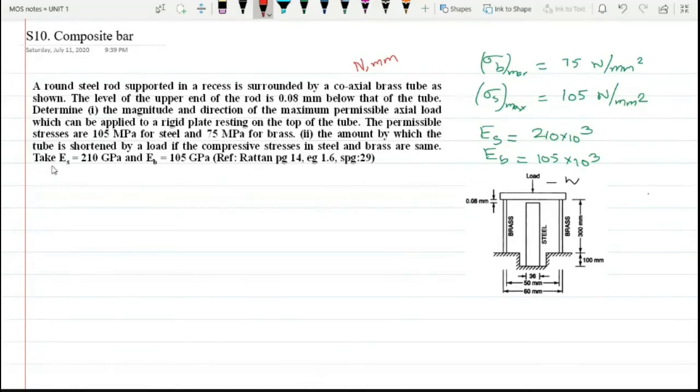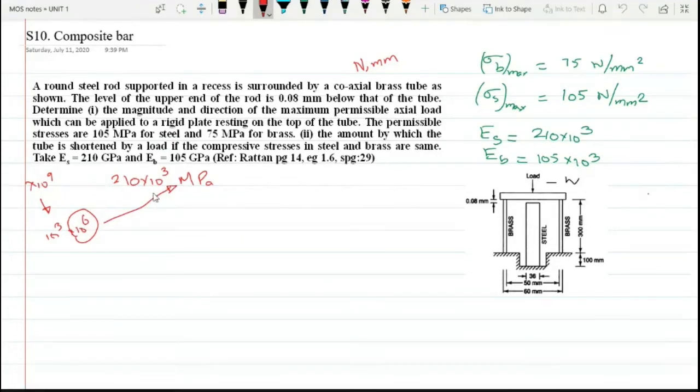Then they have given the Young's modulus, which is 210 gigapascal. So 210 gigapascal is 210 into 10 power 3 megapascal. Giga is 10 power 9, and I am changing it to 10 power 3 and 10 power 6; 10 power 6 is mega.